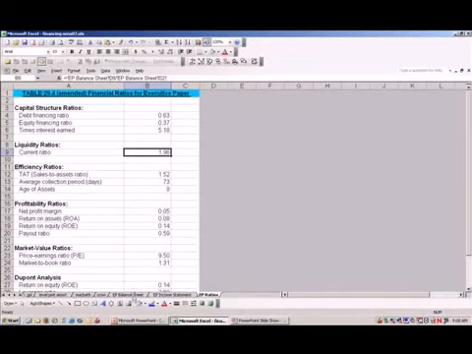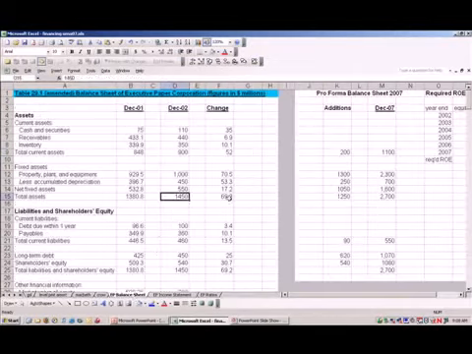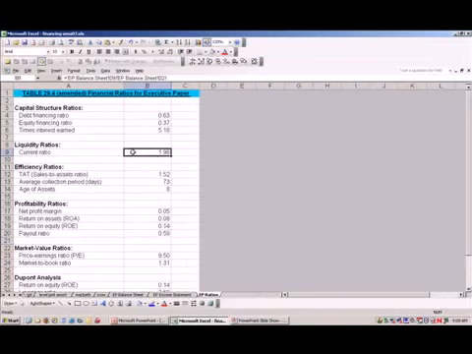So let's scoot over to the balance sheet and see in D9 we have current assets, and in D21 we have current liabilities. The current ratio is defined as the ratio of current assets to current liabilities, and that ratio is 1.96.